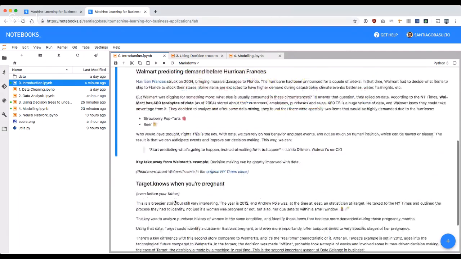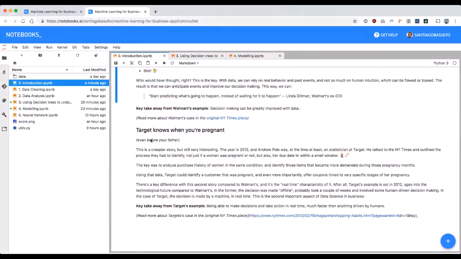The other very interesting story is the one of Target, that using a predictive model, they could identify when a woman was pregnant, and also they could predict the stage of that pregnancy, 5 months, 6 months, etc. It was a pretty interesting case when it came out.